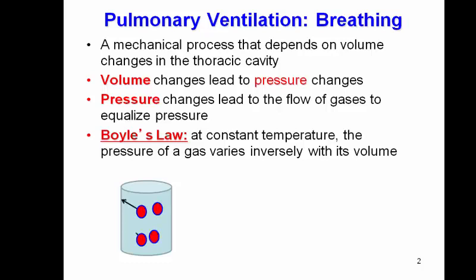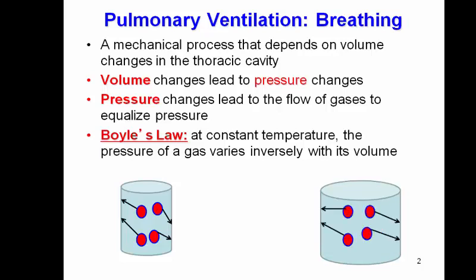And so we have our molecules inside our volume cylinder, and those molecules will exert a particular force against the interior walls. The same four molecules will apply the same force, except that they're not going to be interacting with the walls as much when we expand the size of that container.